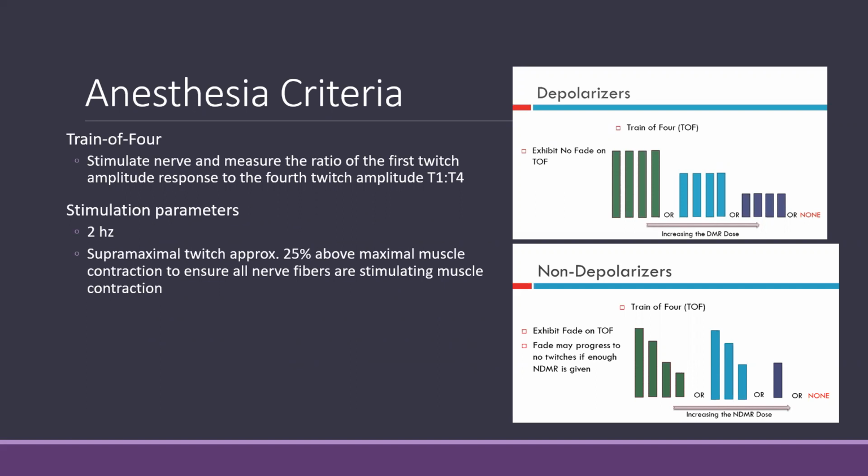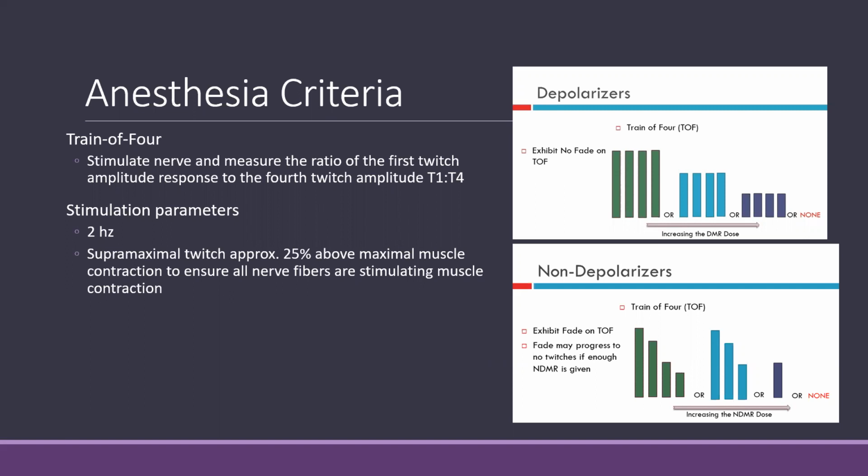So with train of 4, we're going to stimulate the nerve and measure the ratio of the first twitch amplitude response to the fourth twitch amplitude response. Depending on what kind of software or machines that you use, your output or your display may look very different, and the data that you get in return may also look different. But one thing that's going to be common is we're going to be able to measure these amplitude differences. So stimulation parameters are going to be at about 2 hertz.